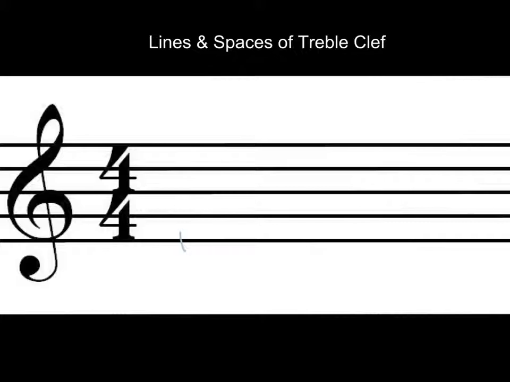So line number 1 would be the bottom one. Line number 2 would be the second from the bottom. 3, 4, and finally line 5. Same thing will apply in terms of the spaces.